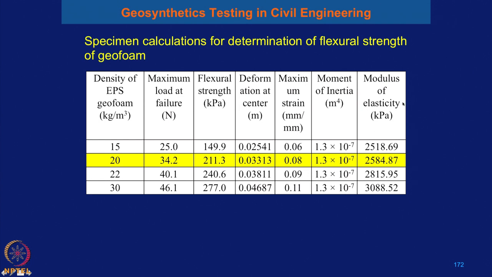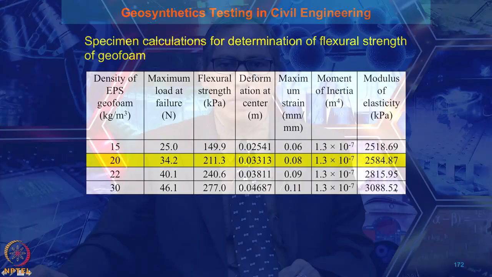You can also calculate the modulus of elasticity of EPS geofoam. For 15 density it is 2518.69 kilopascal, for 20 density 2584.87 kilopascal, for 22 density 2815.95, and for 30 density 3088.52 kilopascal.